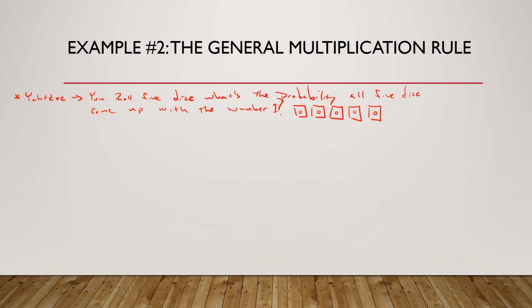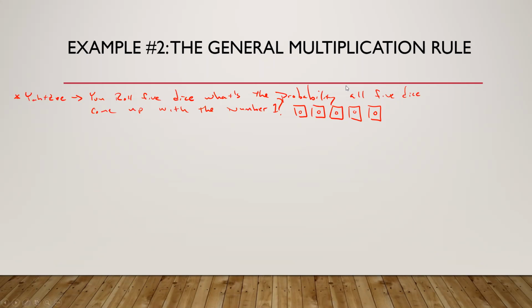So, I don't know. How would you even solve this problem? I have no idea. You roll 5 dice, probably all 5 dice come up with the number 1. I don't know. Let me ask you guys this question in the chat.